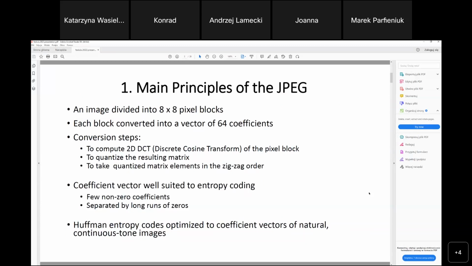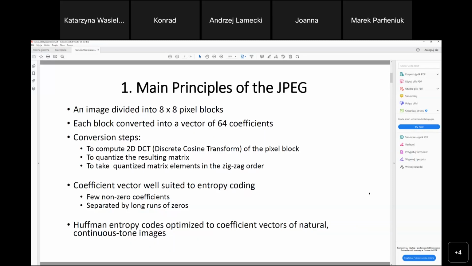Then the resulting matrix is quantized, and then we take quantized matrix elements in the zigzag order. The aim of the conversion is to obtain a coefficient vector well suited to entropy coding.